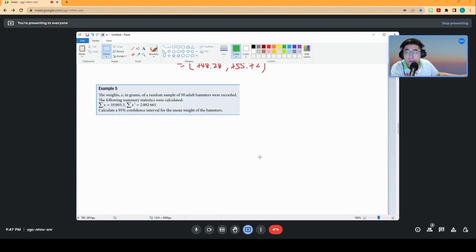Okay. The weight X in grams of a random sample of 50 adults, n equals 50, follows the summary statistics as this.